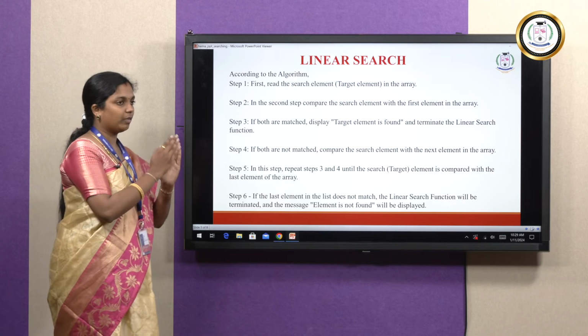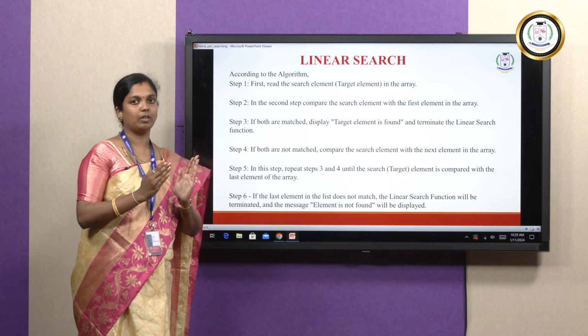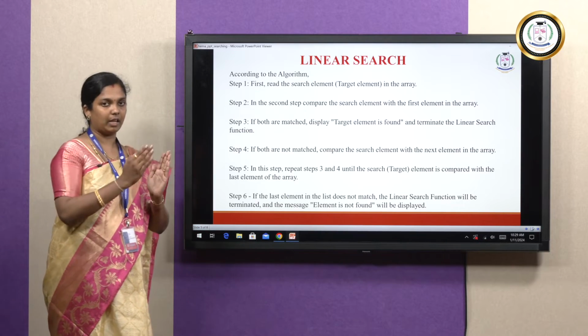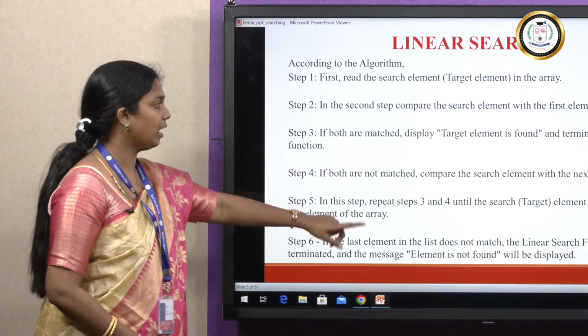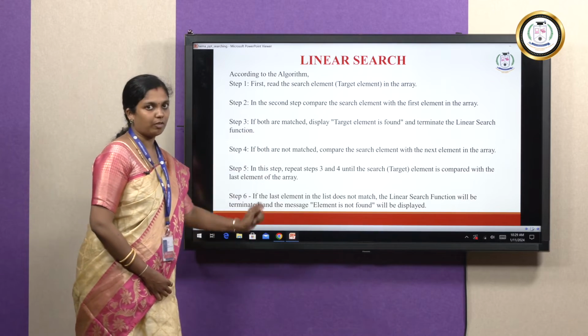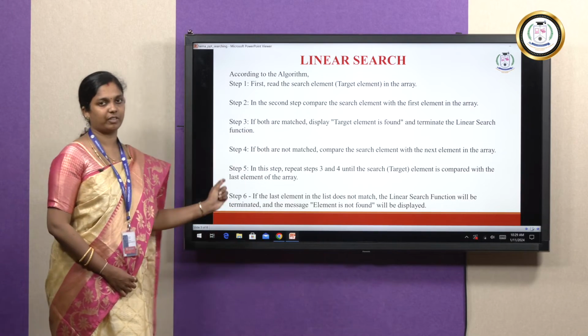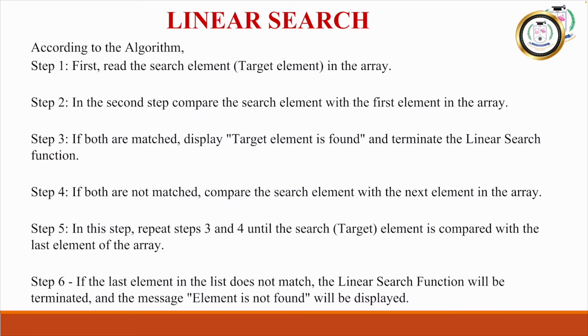We repeat the same step again and again till the search element is found. If the search element is not found, it reaches the end of the array, and we say that the element is not found in the array.